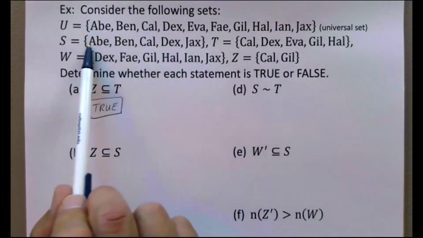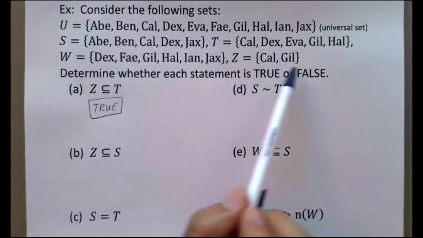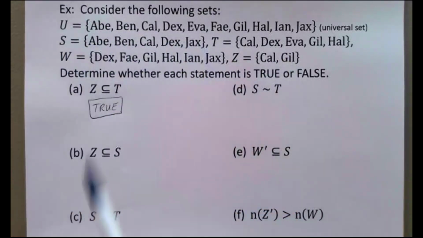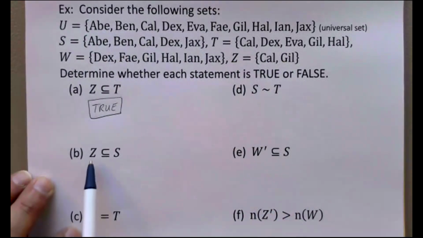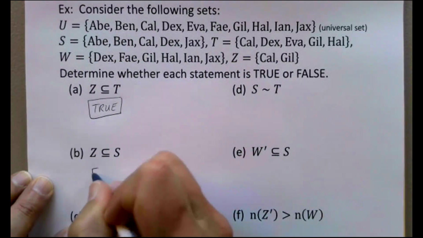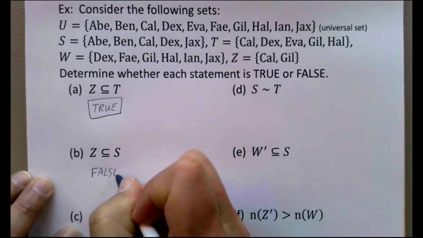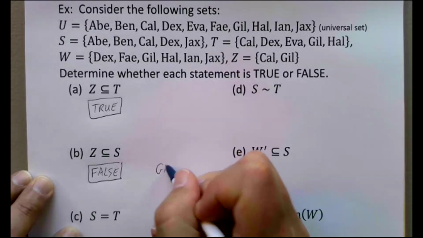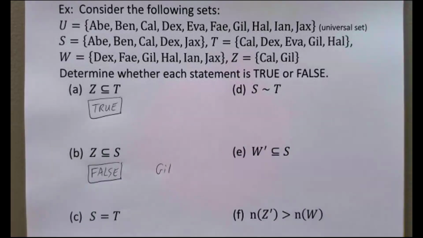No. Gil is causing a problem here. Gil is in set Z, but Gil is not over here in set S. So it's not true that everything in set Z is also showing up in set S. This is a false statement. And it's really Gil that's messing this up. Gil is the issue. Gil is the reason we are saying false.